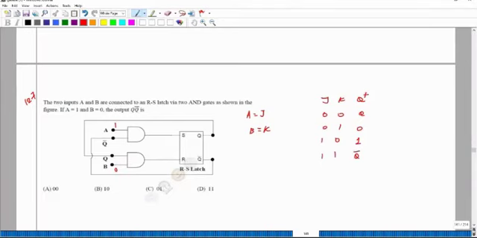Given it is 1 0, output becomes 1. If Q is 1, Q bar is 0. The answer is 1 0. They are asking the output is Q bar. Q is 1, Q bar is 0.